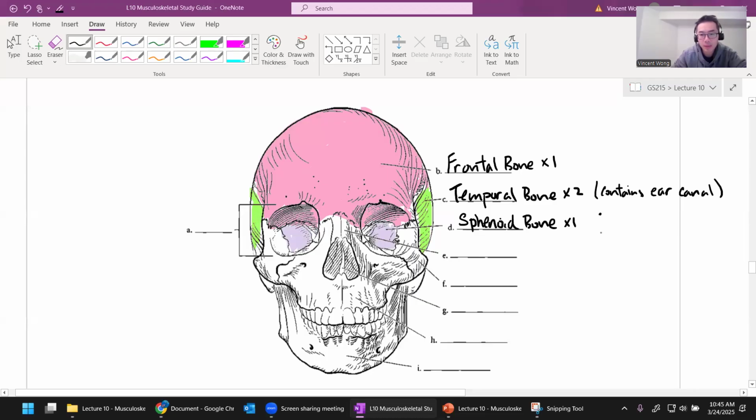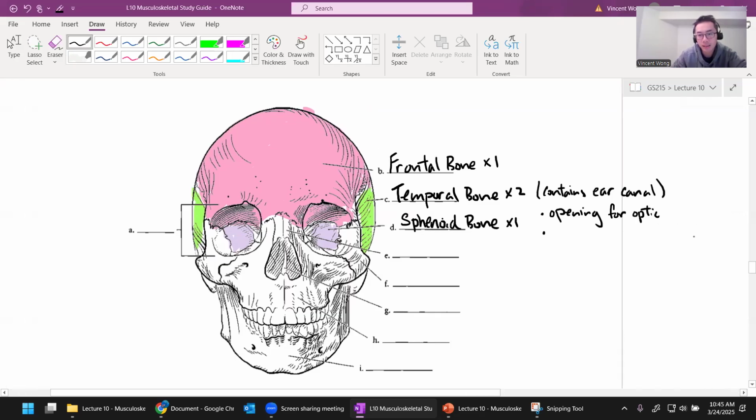And then there are some special features. There is an opening for the optic nerve at the back. And there is the sella turcica at the top for the pituitary gland.